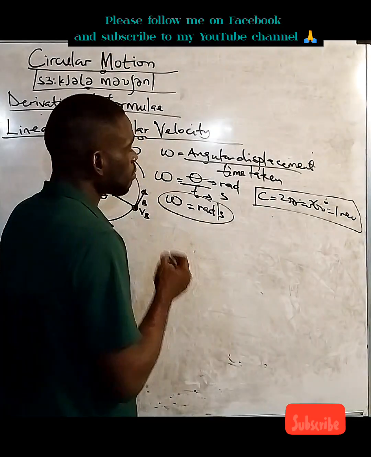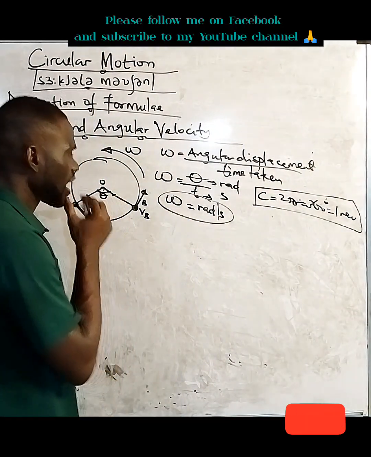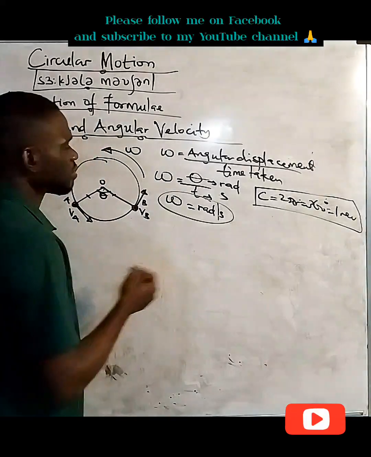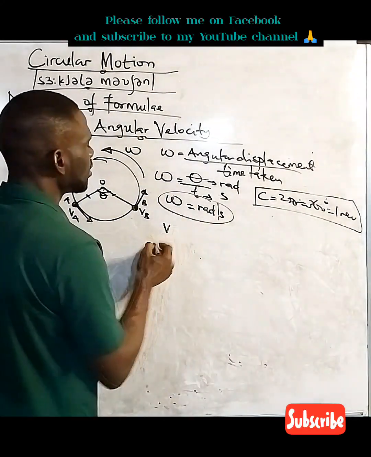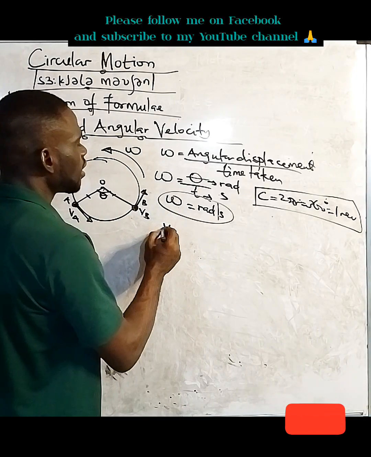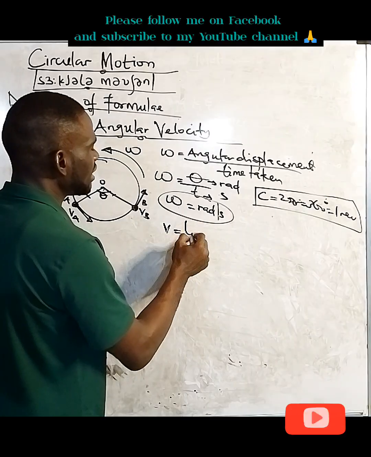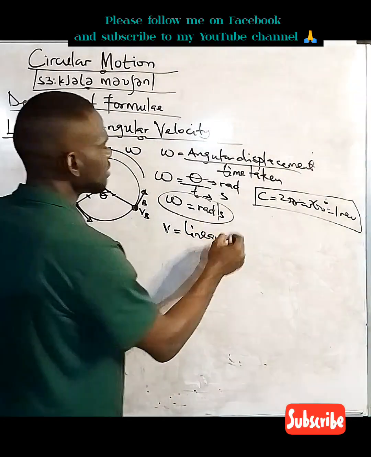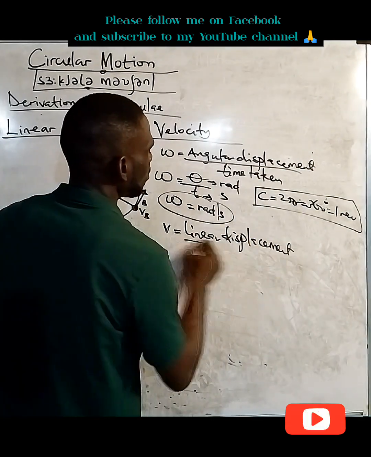So let's quickly derive the formula for linear velocity or tangential velocity. How do we derive the formula for linear velocity? Don't forget the linear velocity, which is denoted by v, is a vector quantity. They're both vector quantities. So the linear velocity is equal to linear displacement over time taken.